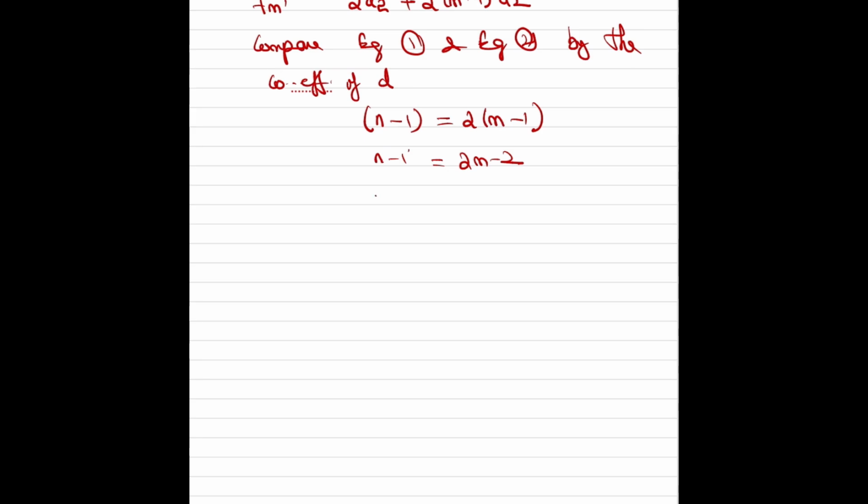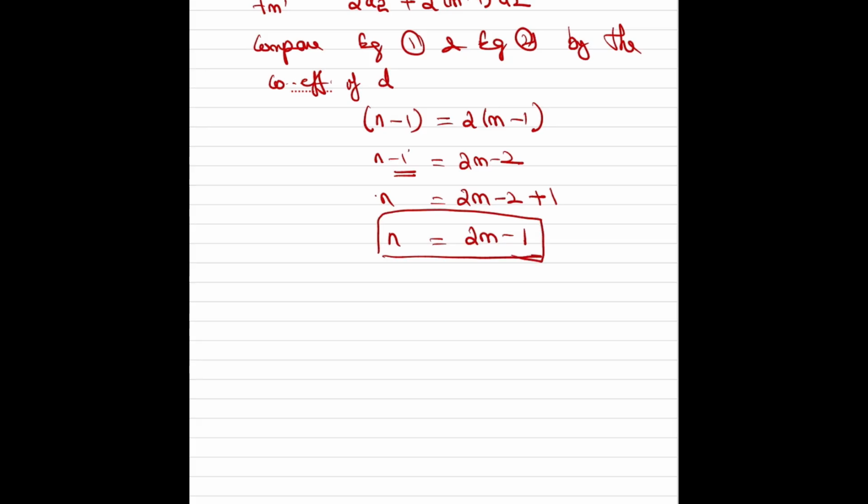Now n equals 2m minus 2 plus 1. The subtraction changes into addition. n equals 2m minus 1. So the n value is this.